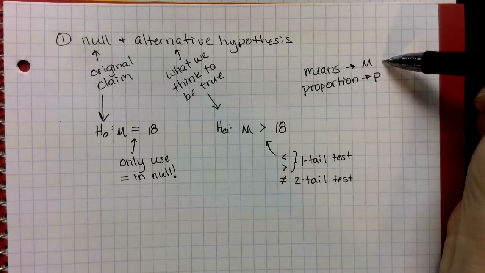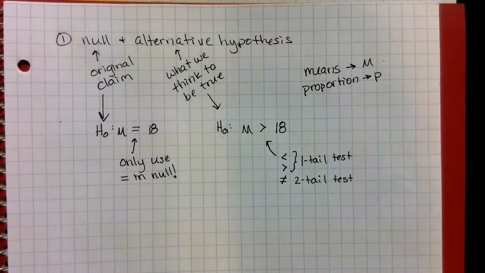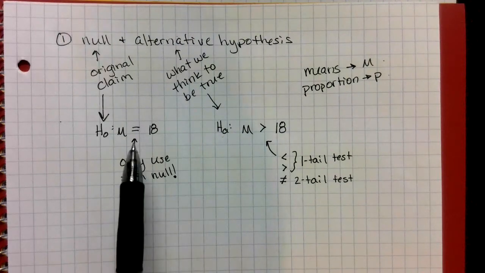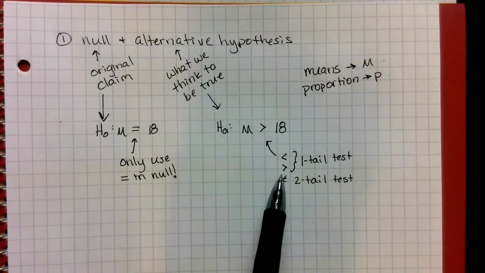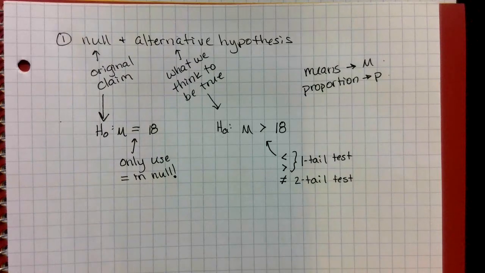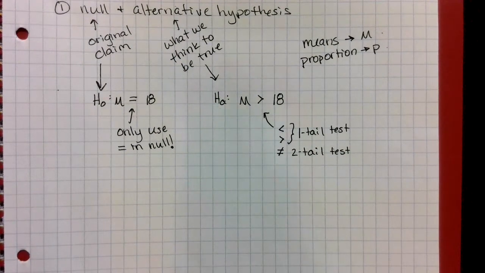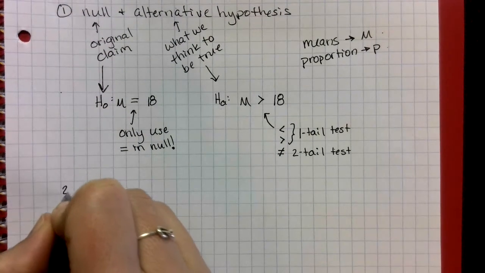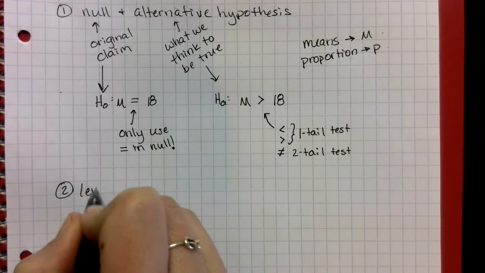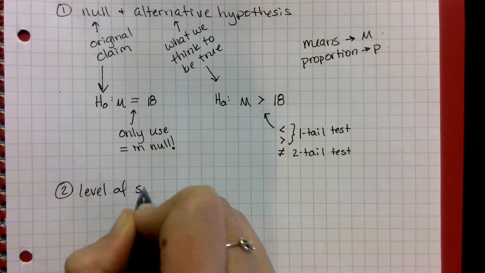So that stands for population mean, population proportion. And we're trying to make some inferences about those. Your null and alternative also set you up for what type of test, whether it's a one-tailed test or a two-tailed test. And again, like I said, I'll talk about that a little bit more when we get into critical values.